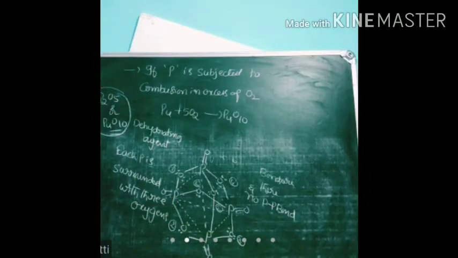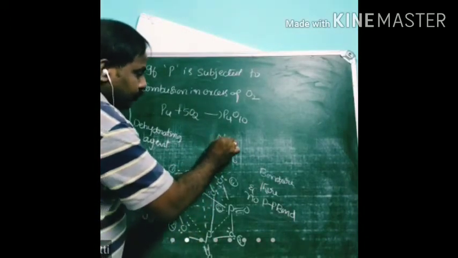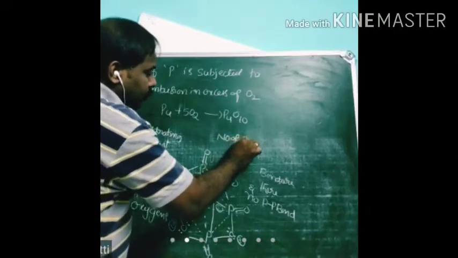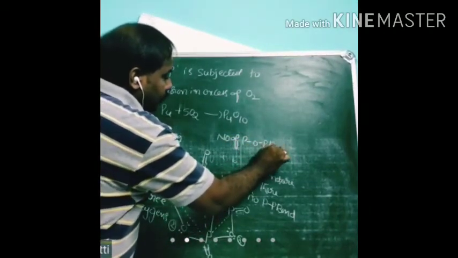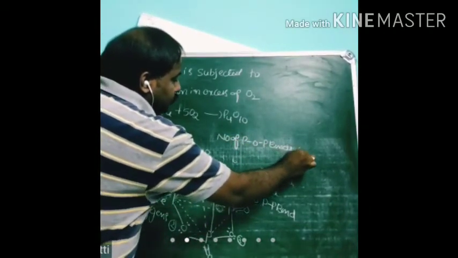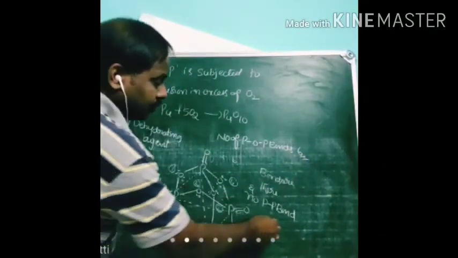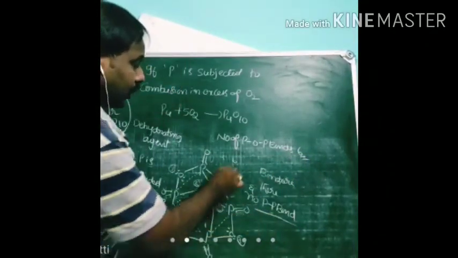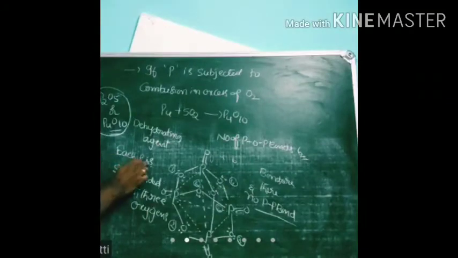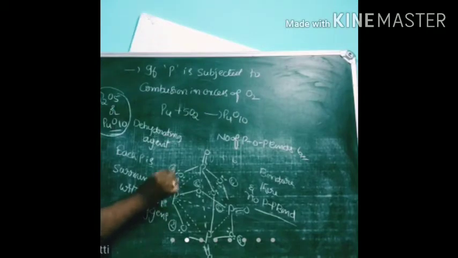In this case also, the number of POP bonds is again 6, and there is no PP bond. Each phosphorus is surrounded with 4 oxygens, not 3 oxygens.